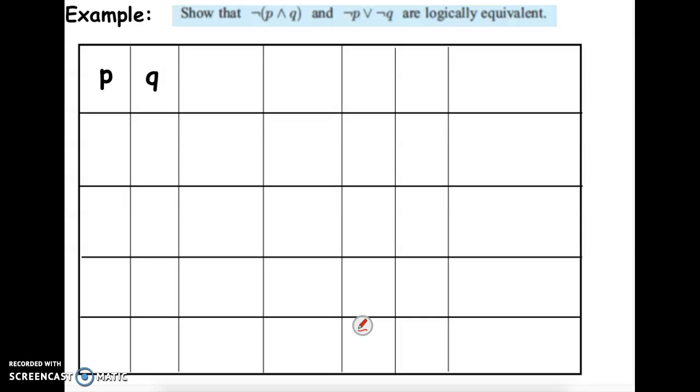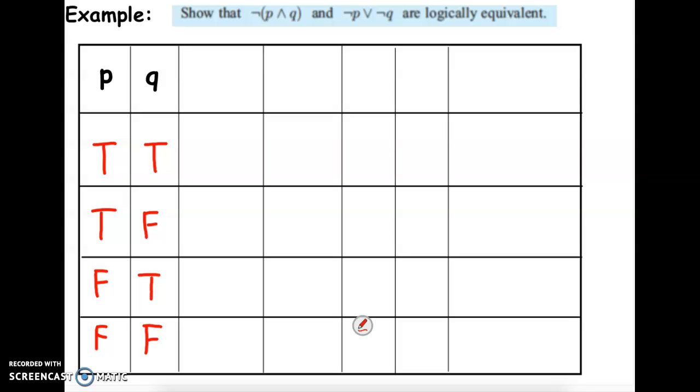All right, so here's example 8. We're going to start off with proposition P. So remember from our previous video, it's true, true, false, false. And then proposition Q is true, false, true, false. You always set up your proposition P and Q with that pattern.